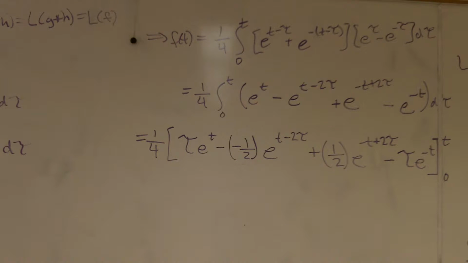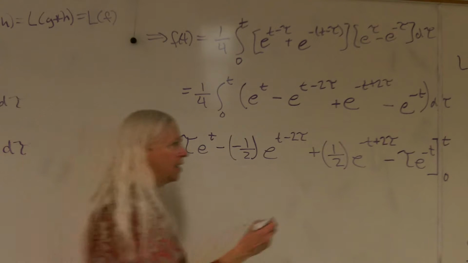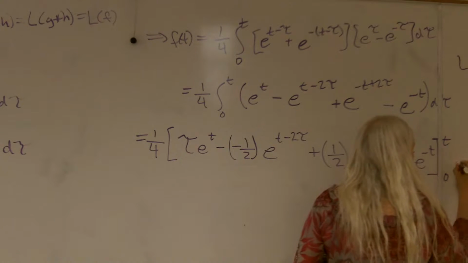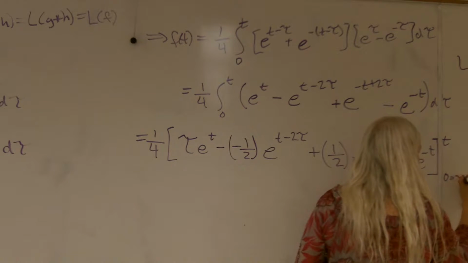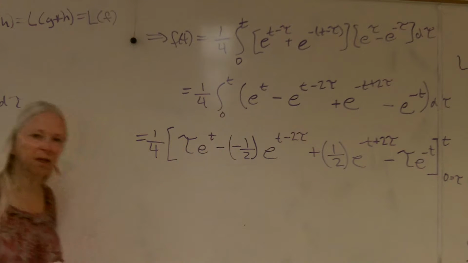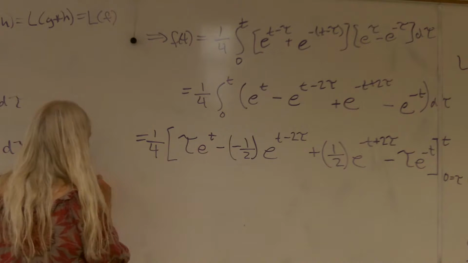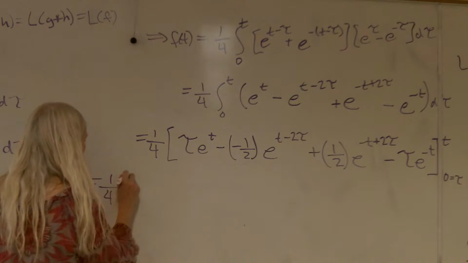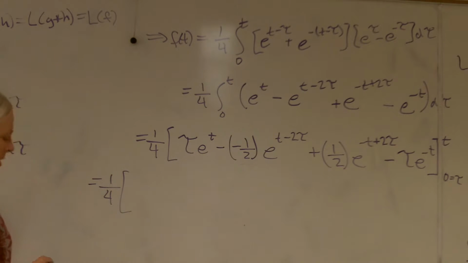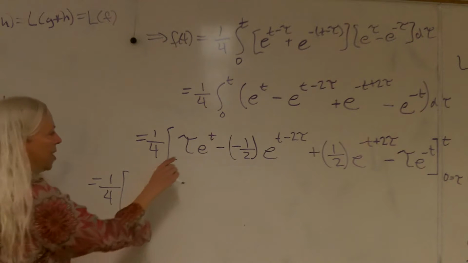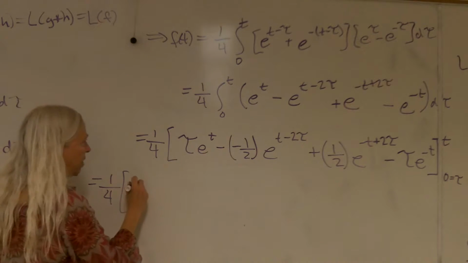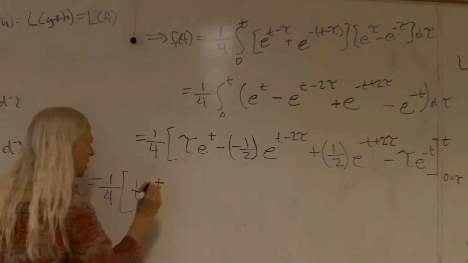Okay, and remember, we integrated over tau, so we're plugging in these limits for tau, not for t. Okay, so let's plug in these limits, see what we get. So we got a 1/4 out in front. So from the upper limit, here we have a t e to the t.